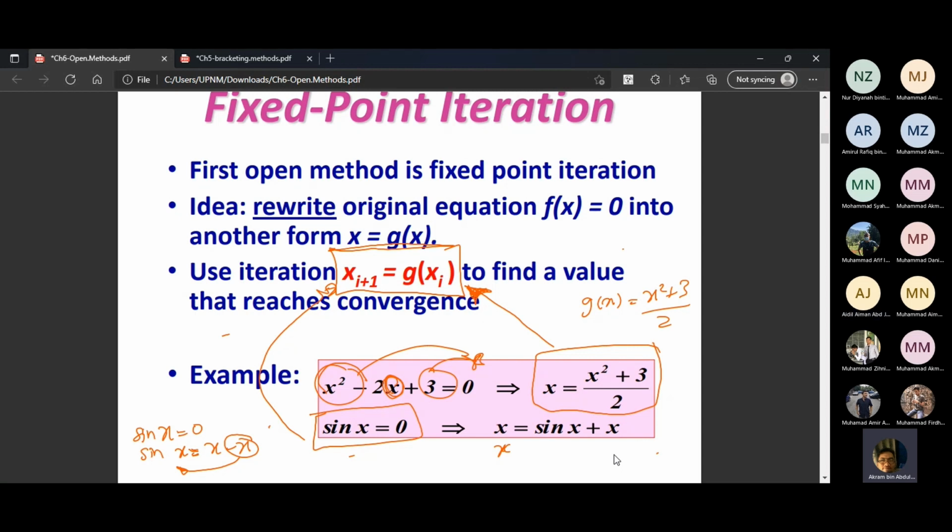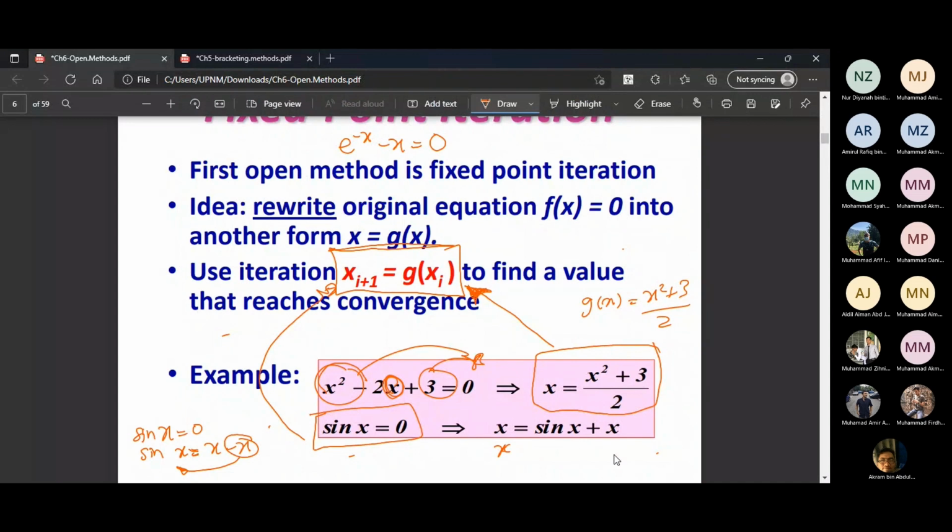How about this? Let's say we have exponent negative x minus x is equal to 0. Can we rewrite this in this form? We will get x is equal to exponent negative x.